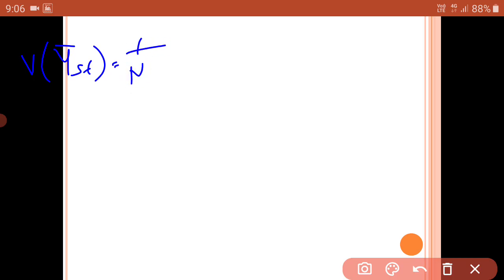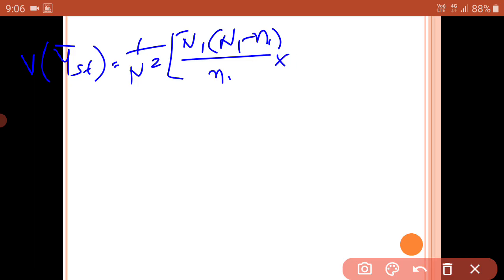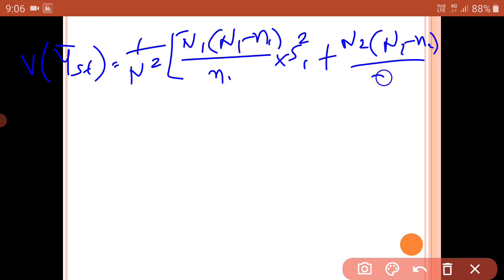Clear? Now we apply the formula for v of y bar st. First write the formula: 1 upon n square into the bracket capital N1 into capital N1 minus small n1 upon small n1 into s1 square, plus capital N2 into capital N2 minus small n2 upon small n2 into s2 square.